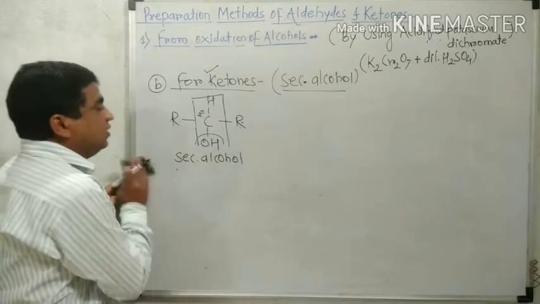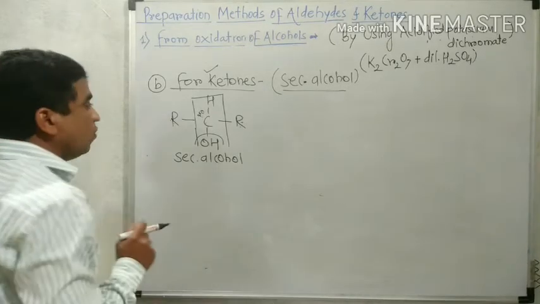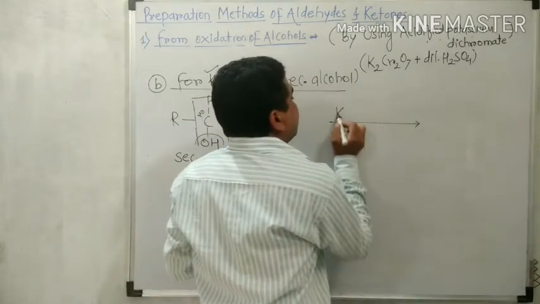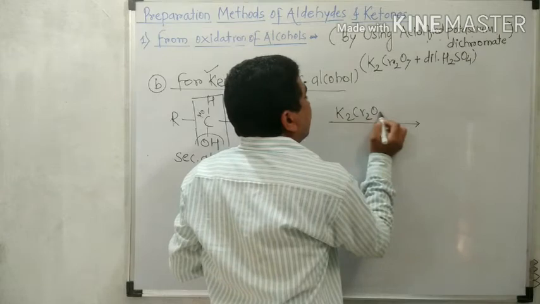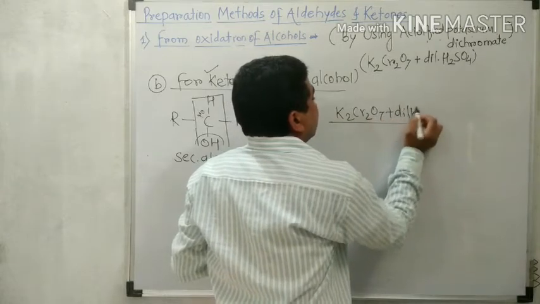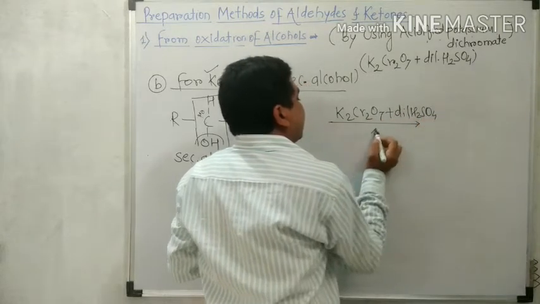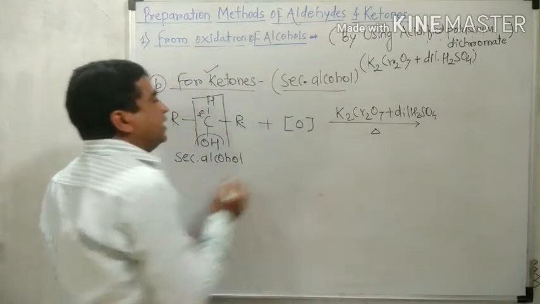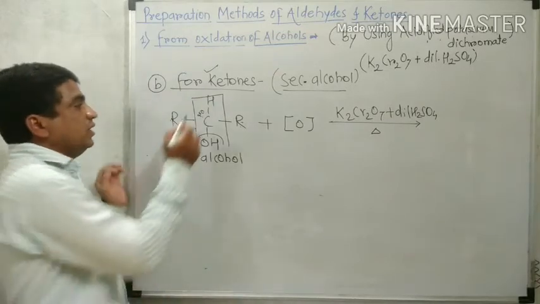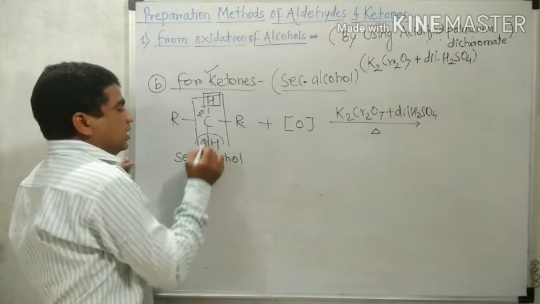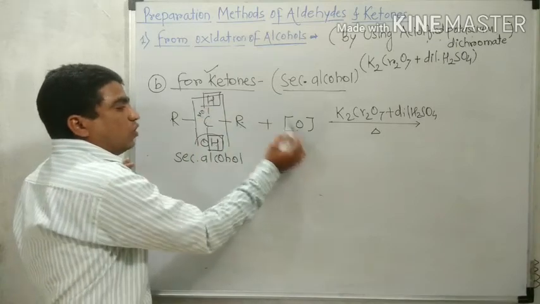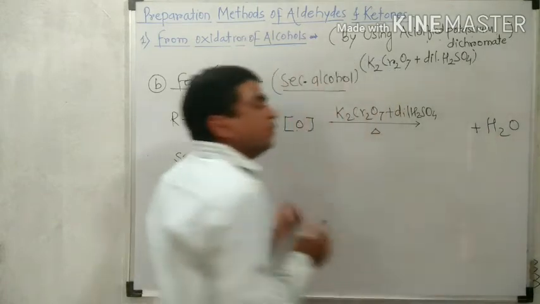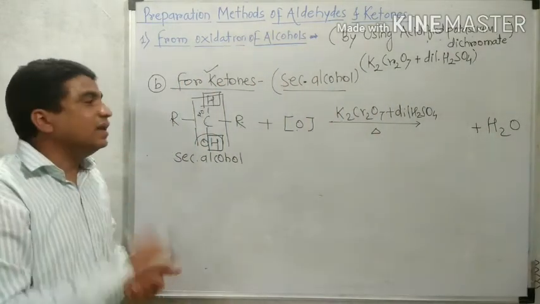So when this secondary alcohol undergoes oxidation using the same acidified potassium dichromate solution, like the aldehyde, here again an oxygen atom is added in the reaction. This one hydrogen and this other hydrogen, those two hydrogens, combine with oxygen to give another H2O molecule, as in the previous reaction, similar to aldehyde.